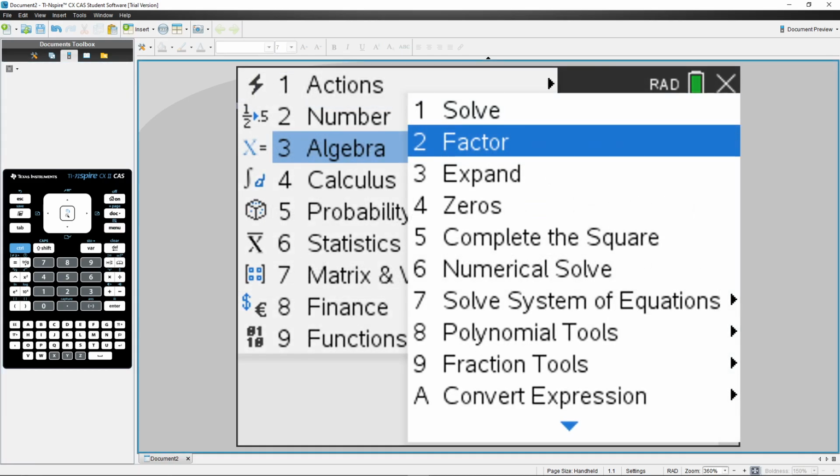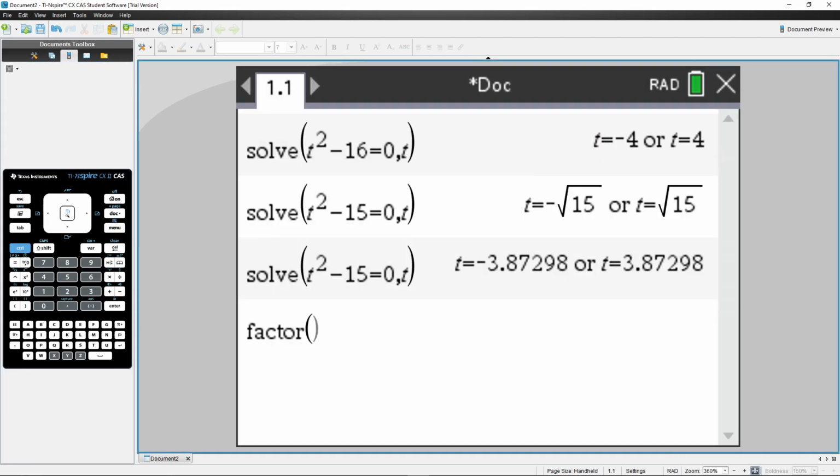Some other important functions are going to be the factor function. We'll just use the same example as I showed earlier, t squared minus 16. If you just do factor of t squared minus 16, that gives you t minus 4 times t plus 4. Notice in this case, you don't need the comma t because you're not solving for anything, you're simply factoring.